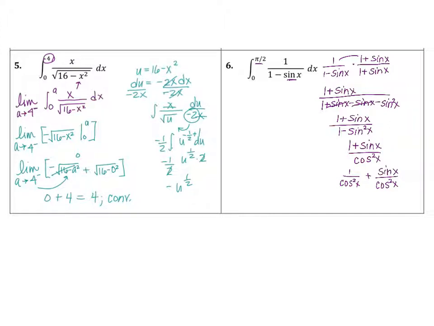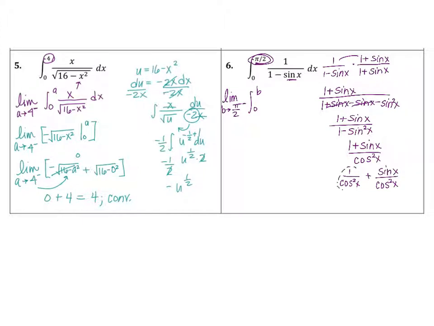So we're going to come back up here, and for number 6, I've got to stay away from that pi over 2. So I'm going to do a limit, and I'm going to say b approaches pi over 2, but it's going to be coming in from the left, of the integral from 0 to b. And I'm going to use all this rewritten stuff.